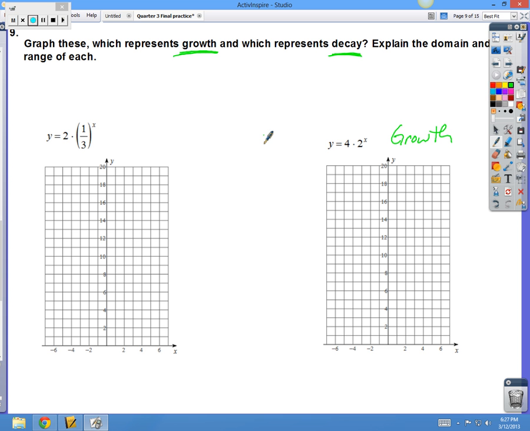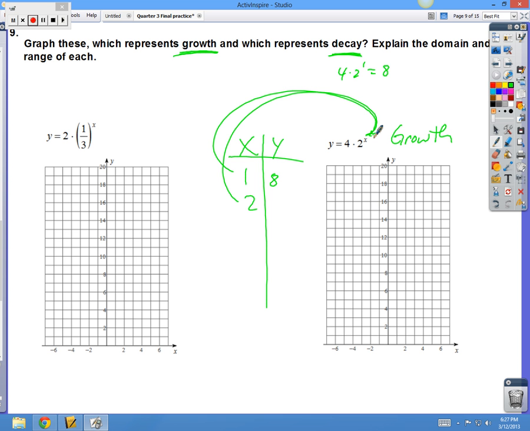because if you look at a table, so if you just plug some numbers in for x, if I plug 1 in place of x, that's going to be 4 times 2 to the 1, and if you plug 1 in, it's going to give you an 8. And if you plug a 2 in place of x, that's going to be 4 times 2 squared. So you got to do exponents first.